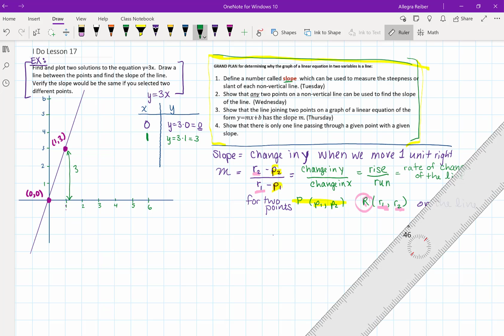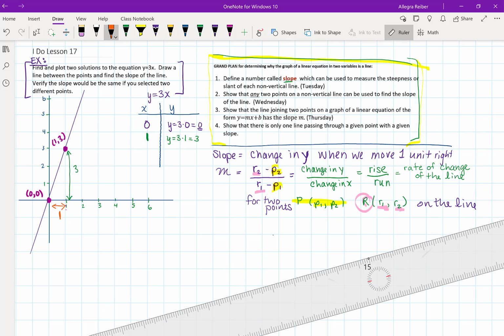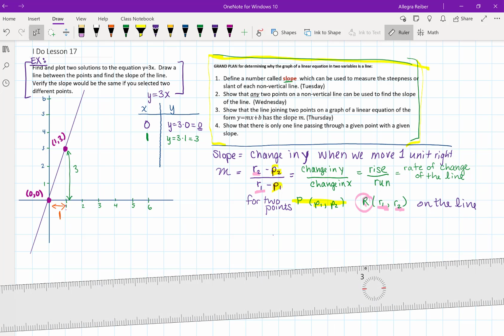Well, because I selected 2 points where the distance between the 2 points is only 1 unit in the x direction, I can use my initial definition of slope to answer this question. So I know that slope can be the change in the y direction, how much we move up when we move 1 unit right.